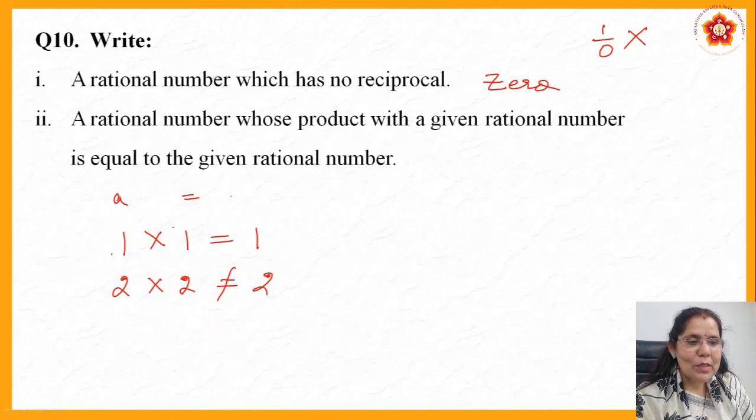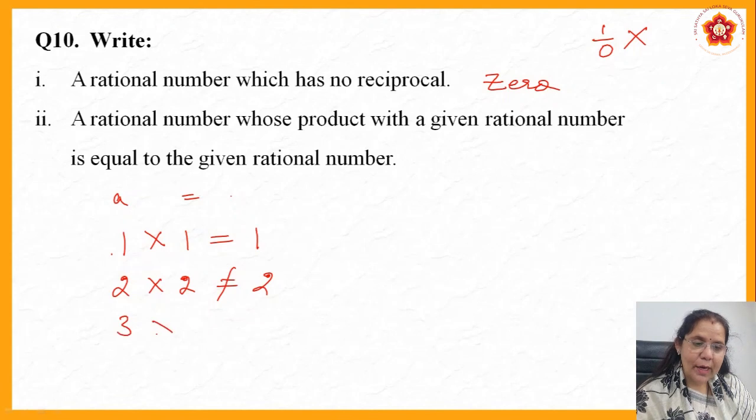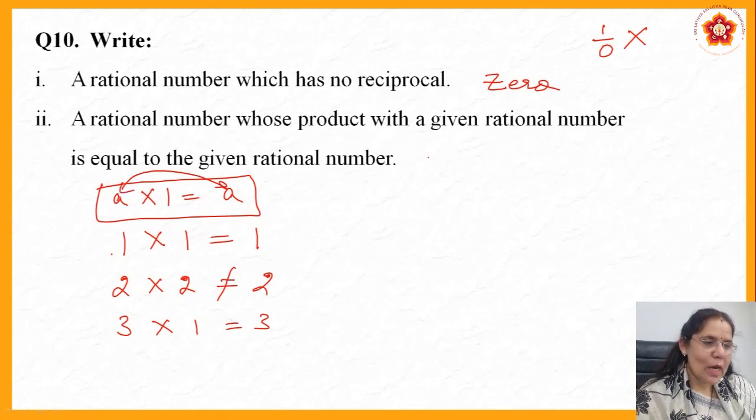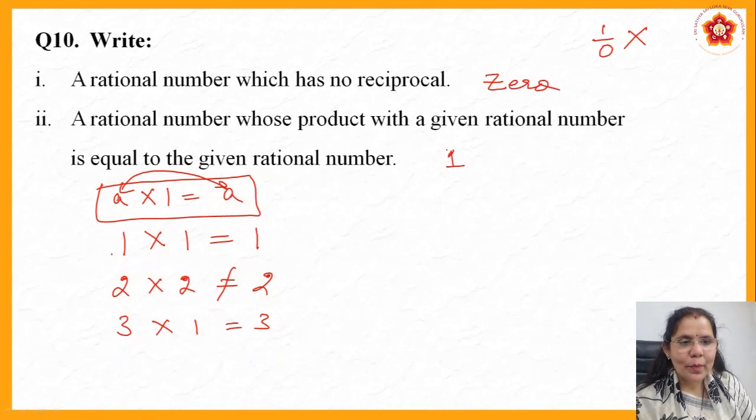For all other numbers, even if we multiply it with 1, the answer will be equal to the rational number. For example, 3 multiplied by 1 will give us 3. So A multiplied by 1 will give us A. So when will these two become equal? When A is equal to 1. So answer is 1 in this case.